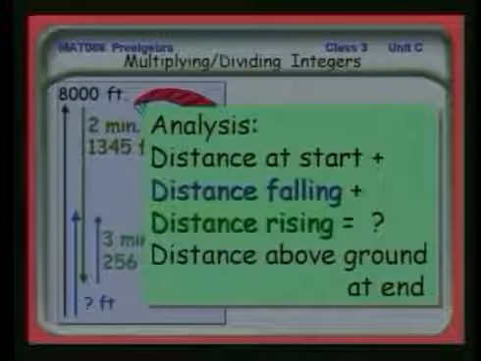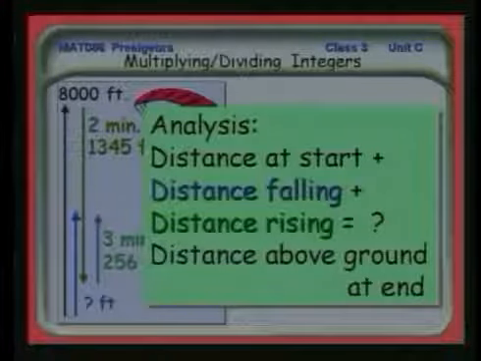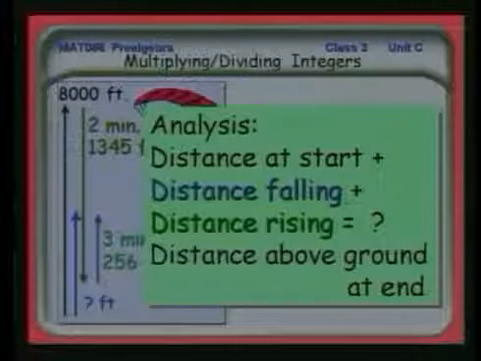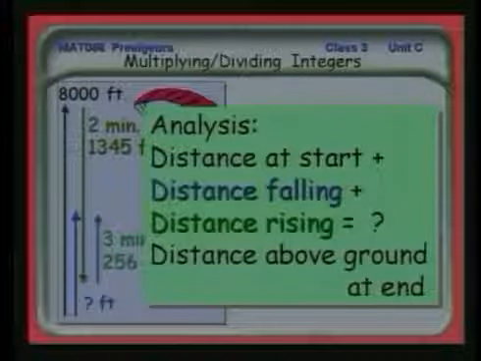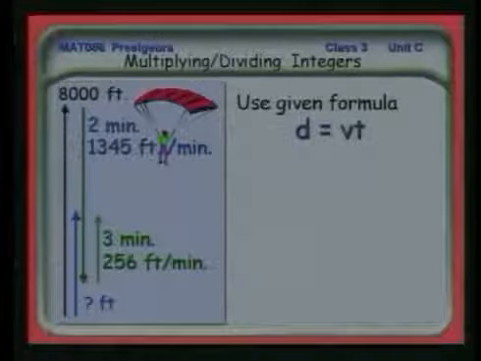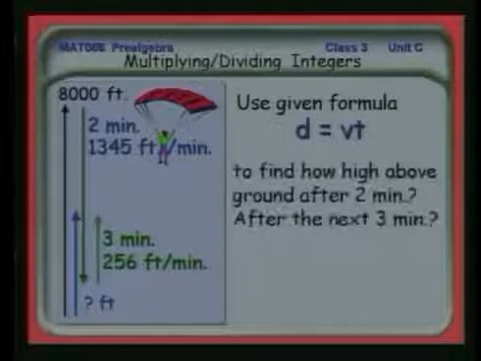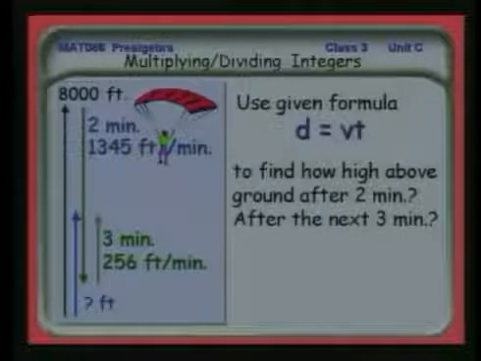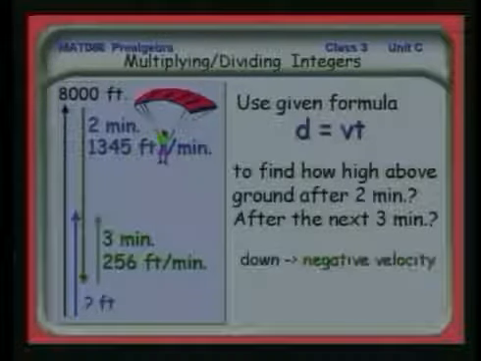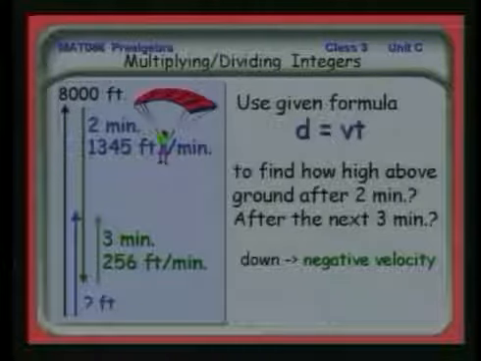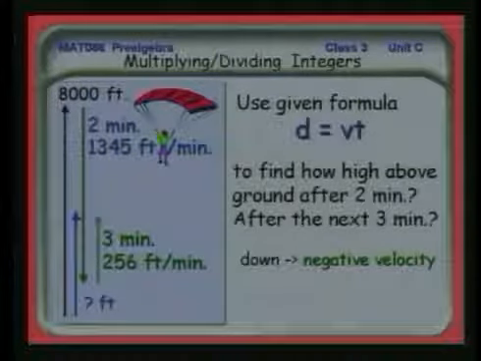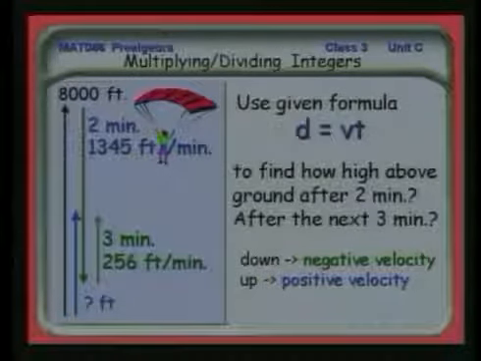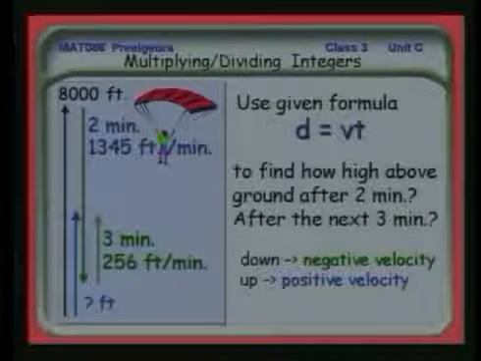To analyze this, we take the distance I start, add the distance I fall, add the distance I rise to get the distance above the ground at the end. We'll use distance as velocity times time to find how high above the ground I am after 2 minutes and then after the next 3 minutes. And we're going to use down as negative and up as positive. So when I'm moving downward, we're going to be subtracting.